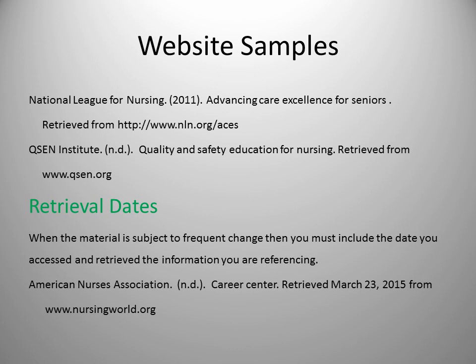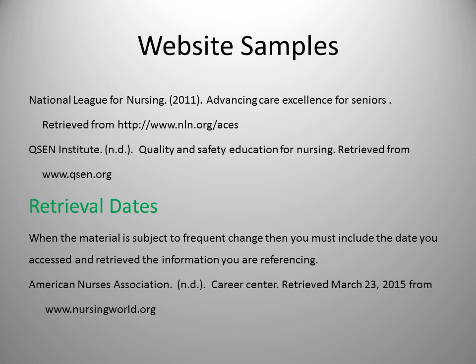website URL. Now, in the past, we had to put retrieval dates, whatever date we looked at information on everything, but that's no longer the case. The only time you will put the date you retrieved something is if the information comes from an area that could be frequently changed or updated. Because if I talk about something from the American Nurses Association Career Center today, it might change next week or next month.